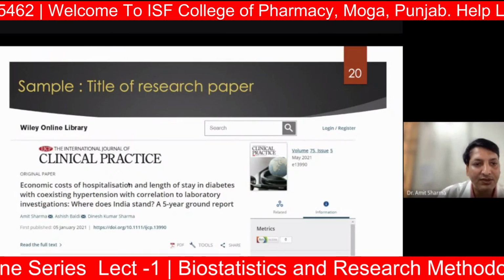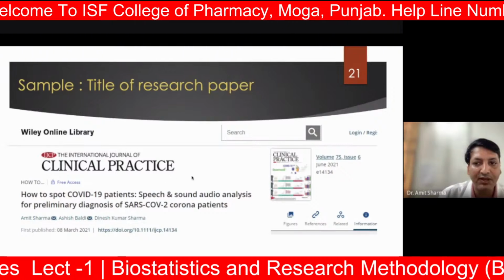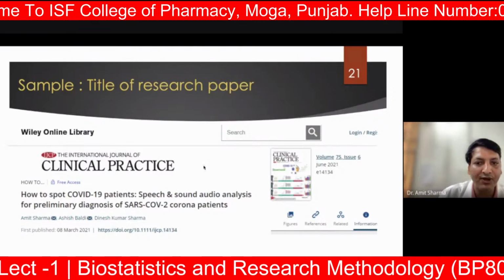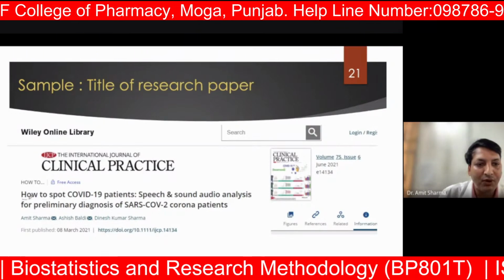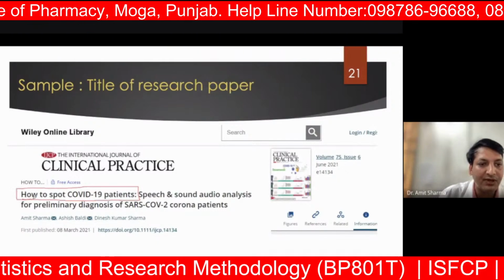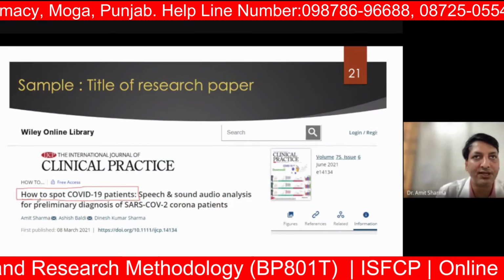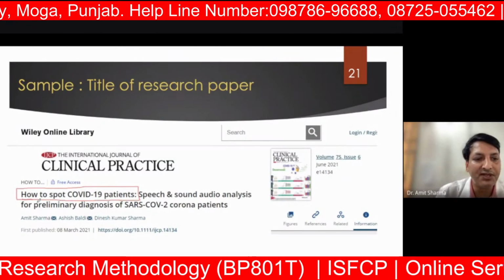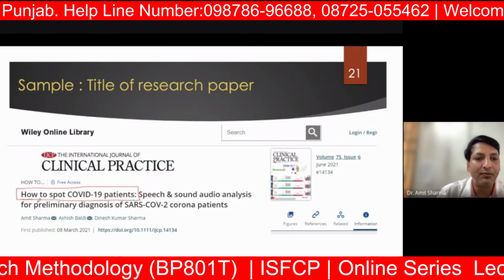I'll show one more example to you. This was the latest paper, published in June 2021, last month only: how to spot COVID-19 patient. So this was the main title, main work. If anyone wants to find out something, they search on Google, so what will they search? How to spot COVID-19 patient; this will be the most common keyword.